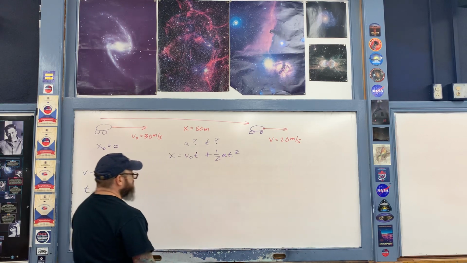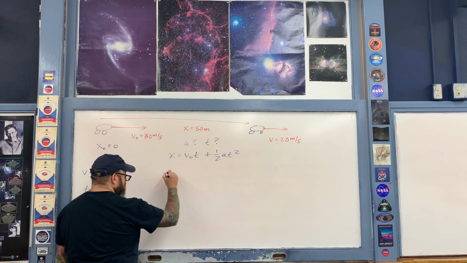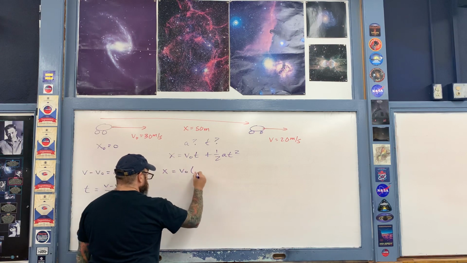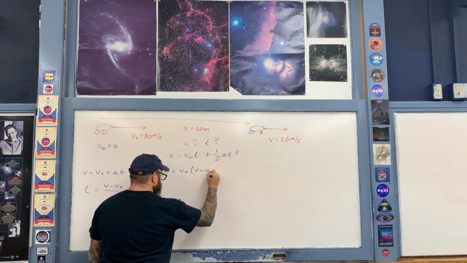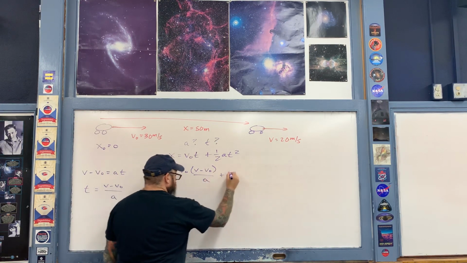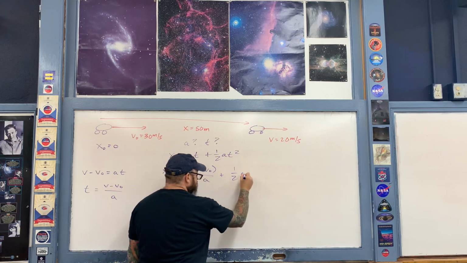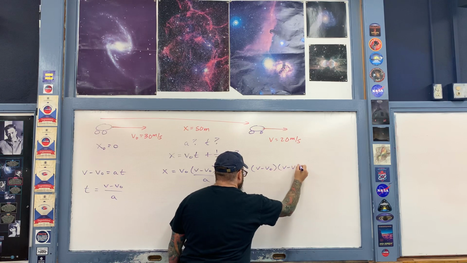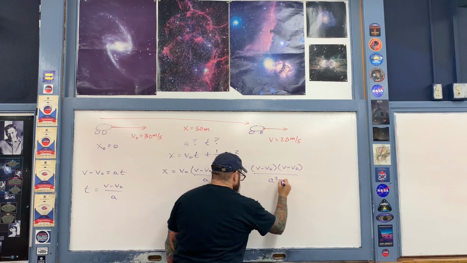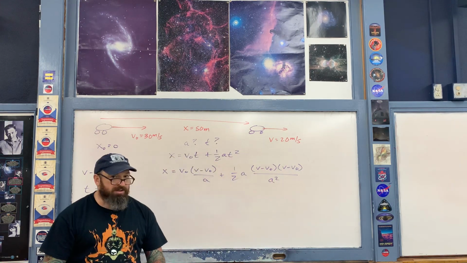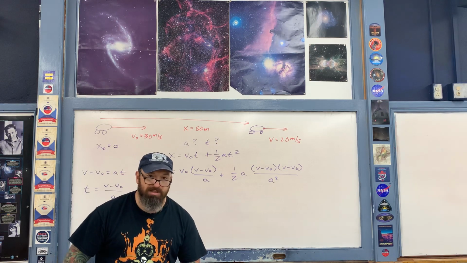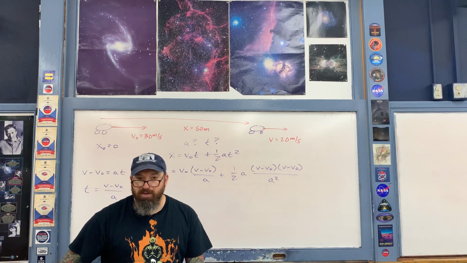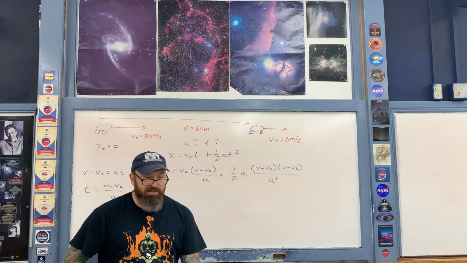So plugging into the position equation now, we have time t here, like so. And then plus 1/2 a times the time squared, like so. And now as you can see, this begins to get a bit messy algebraically. So let me go ahead and take you now through the algebraic steps.